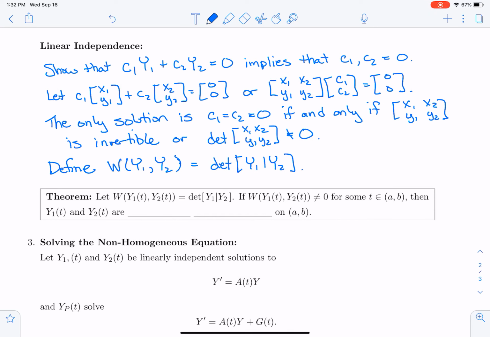And so if that Wronskian is not 0, then we have linear independence. So our theorem says let the Wronskian of y1 and y2 be the determinant of the matrix formed by y1 and y2. If the Wronskian is not 0 for some t in some interval a to b, then y1 and y2 are linearly independent on a, b.